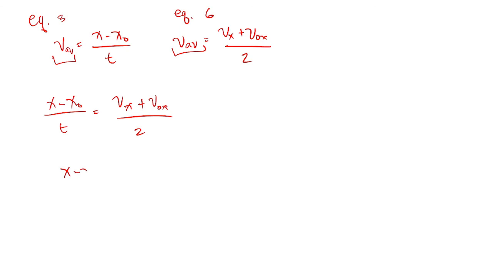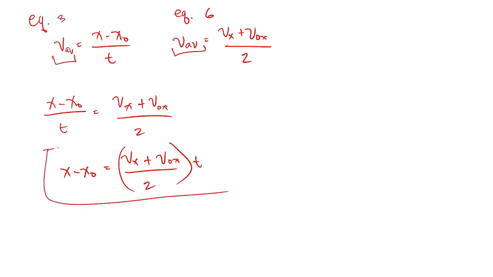So, on further simplification, we will have here our x minus x naught, or our displacement, will be equal to our final velocity plus initial velocity over 2 multiplied to time. So again, this will be our last equation. This is equation 11.